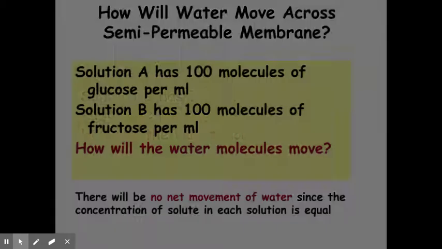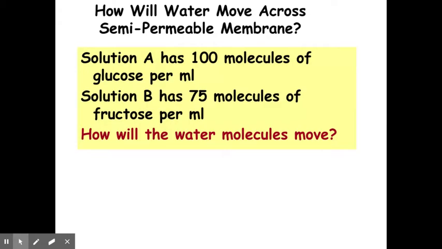If we did this similar problem, we have solution A with 100 molecules of glucose per milliliter, and solution B has 75 molecules of fructose per milliliter. Again, glucose and fructose have the same molecular formula, so you can think of that. How are the water molecules going to move?